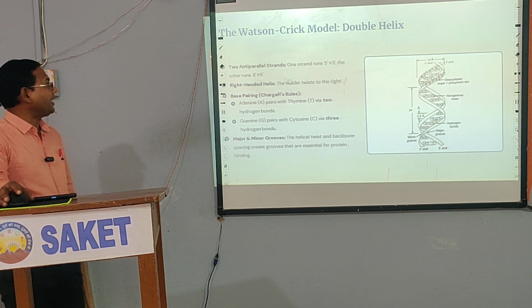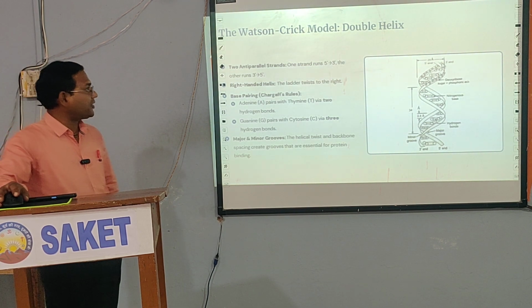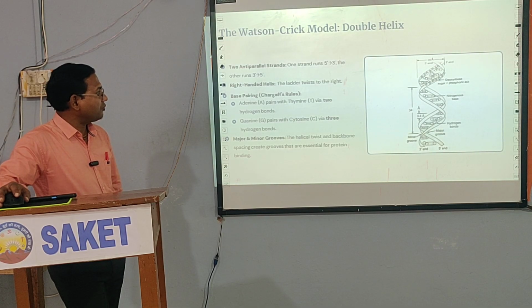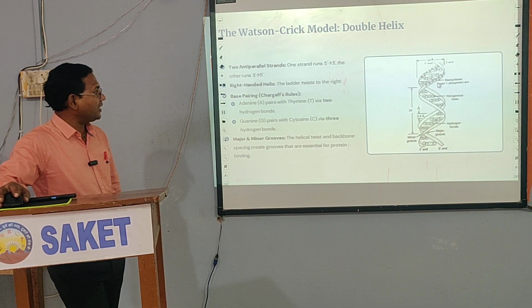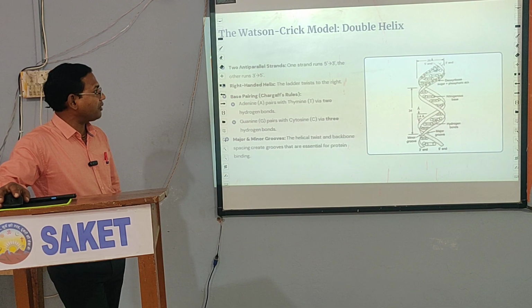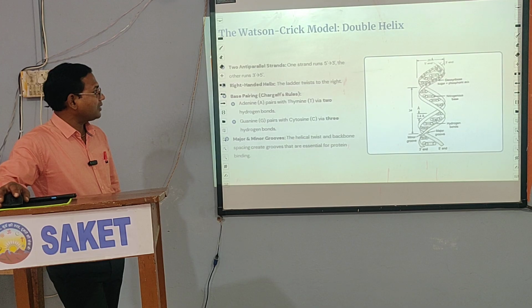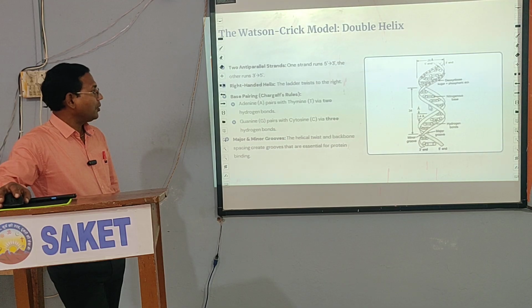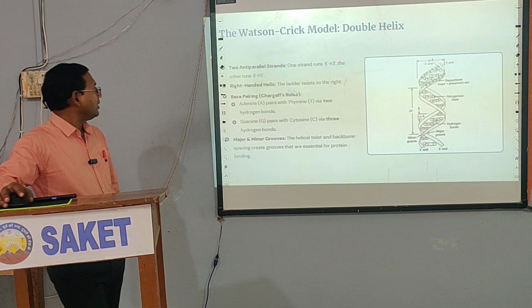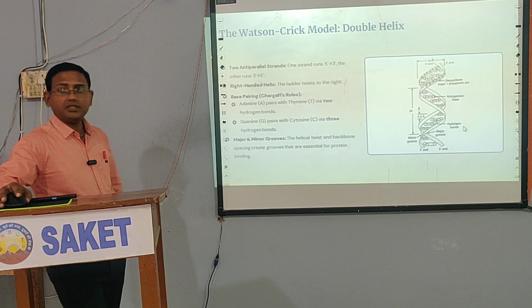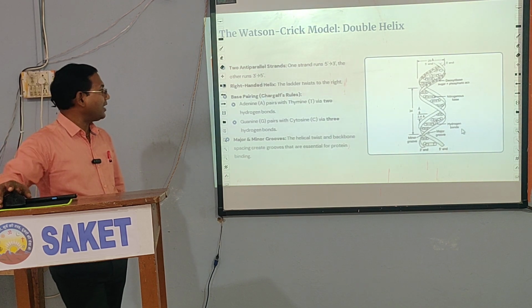It has 2 anti-parallel strands, meaning this is one strand and this is another strand, and this end is known as the 5' end. Here you can see the labeling, and the other end of the other polynucleotide chain is the 3' end. So both polynucleotide chains are anti-parallel, and this helix is a right-handed helix.